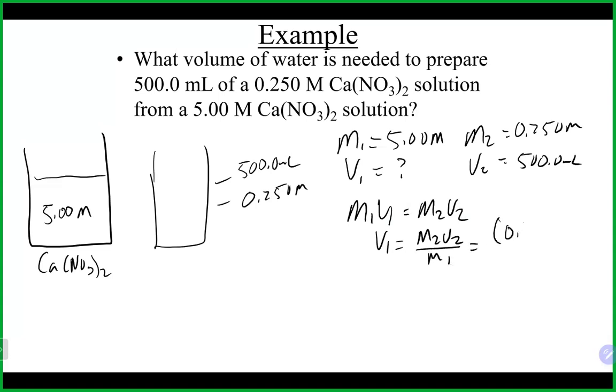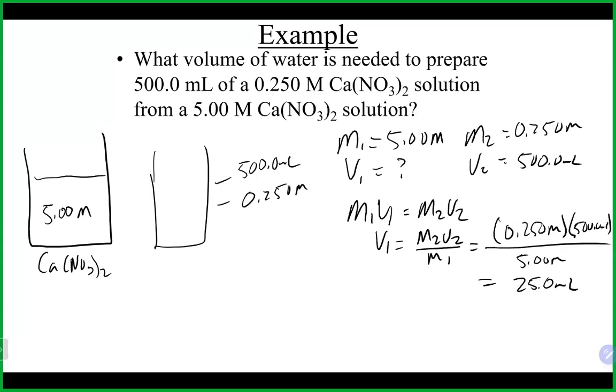That's going to give us 0.25 molar times 500 milliliters, divided by 5 molar. That's 0.25 times 500 divided by 5, 25 milliliters.